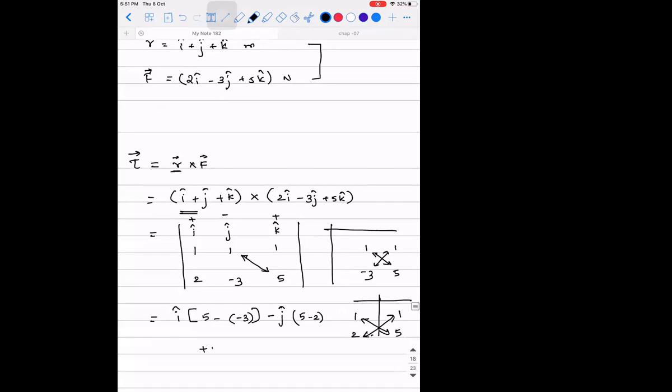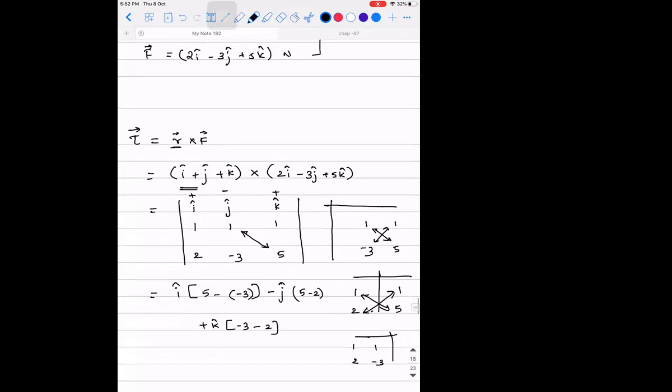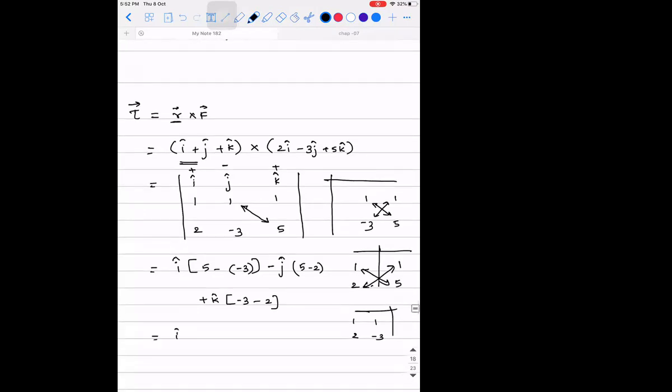Right. Plus k cap into, you need to hide the corresponding row and the column, 1, 1, 2, minus 3. That will be minus 3, minus 2. Right. That will be i cap into 8 minus j cap into 3 minus 5k cap.